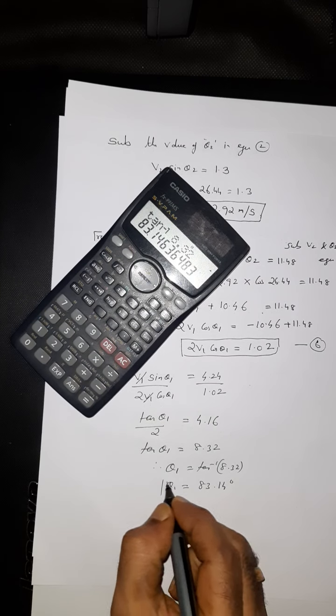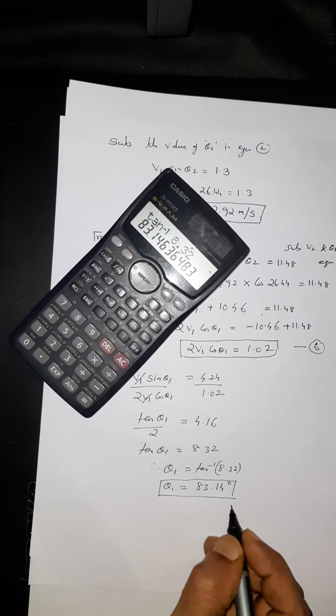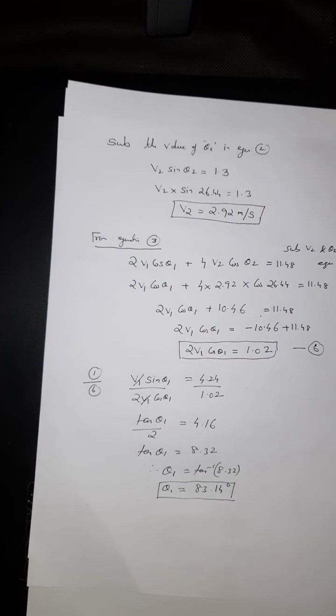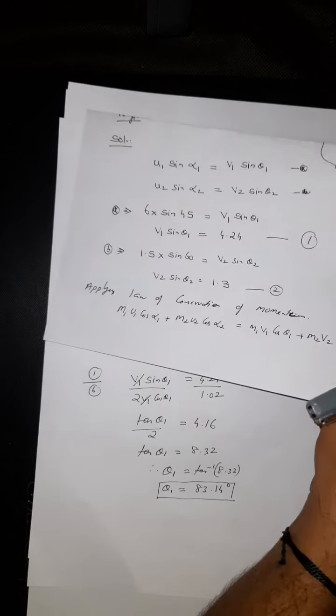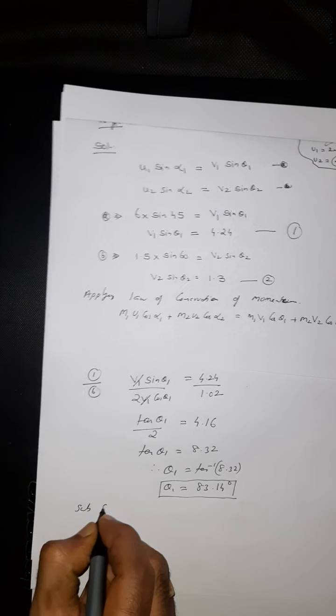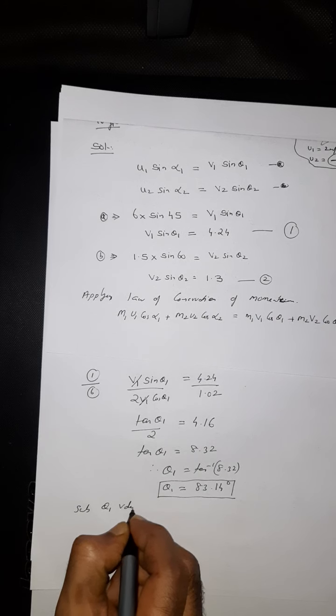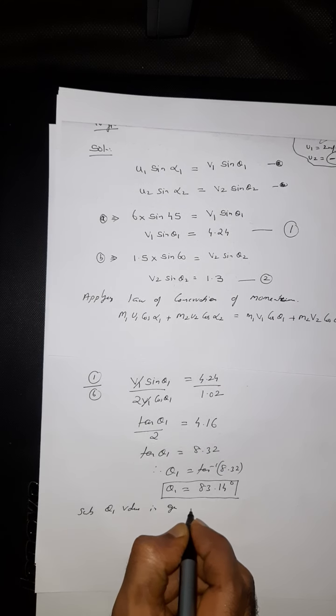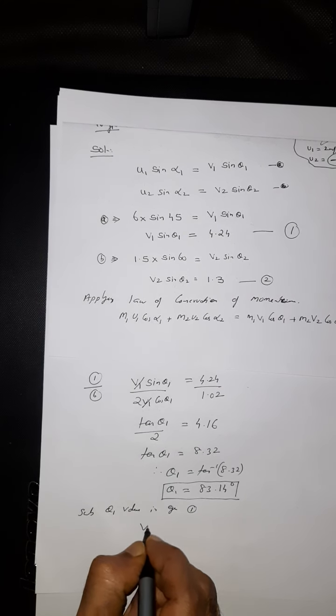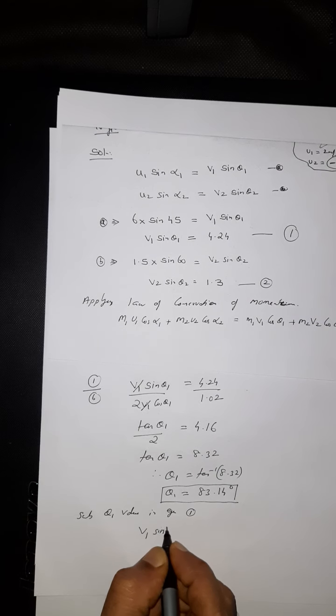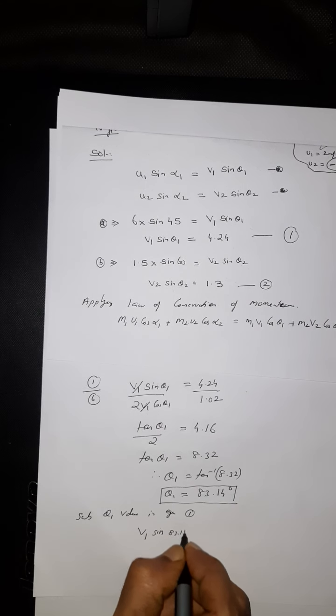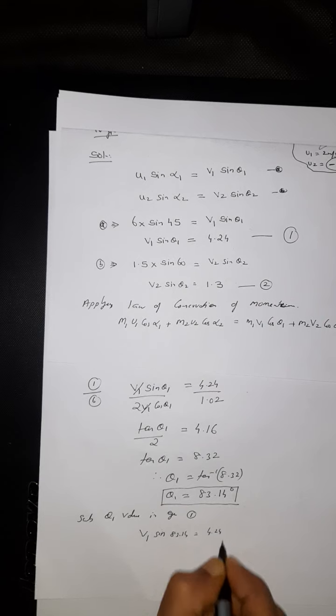So that is theta 1. Now substitute this value in equation number 1. v1 sin 83.14 equal to 4.24.